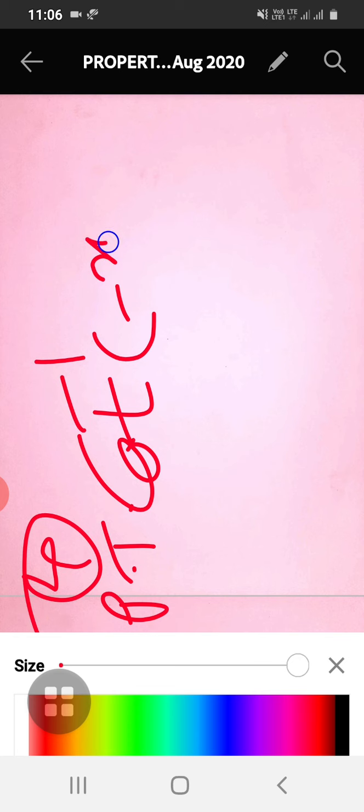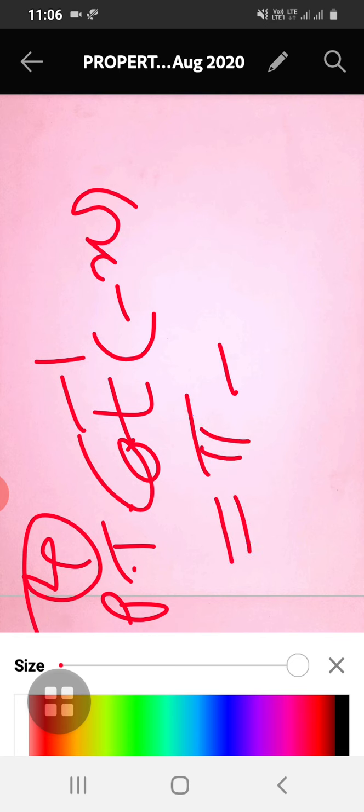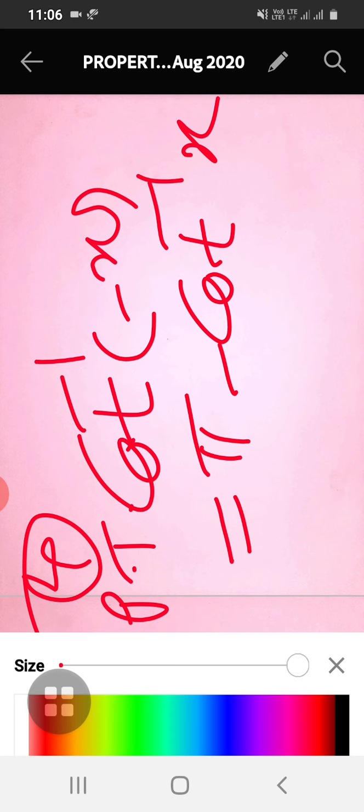So let us go for the next property. The fourth one: prove that cot inverse of minus x is equal to pi minus cot inverse x.